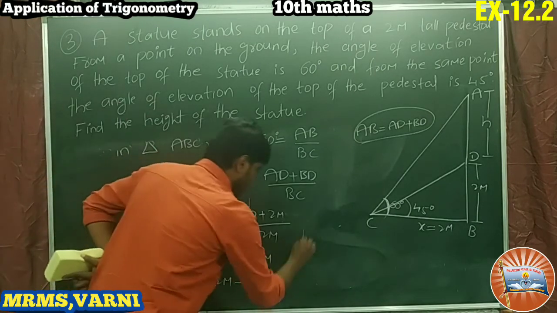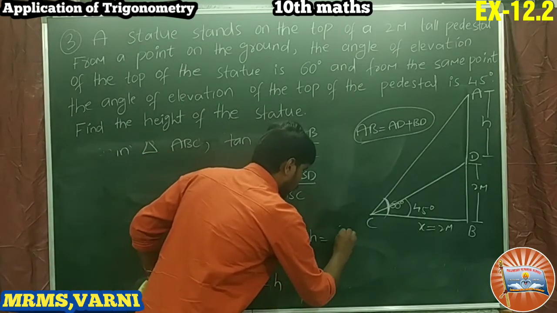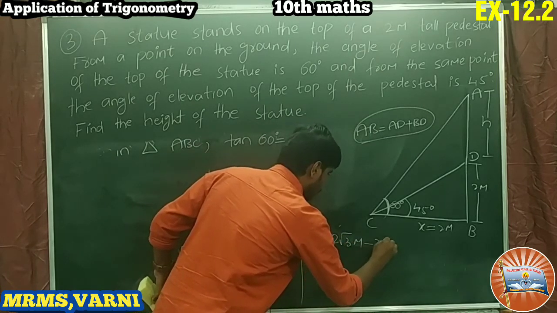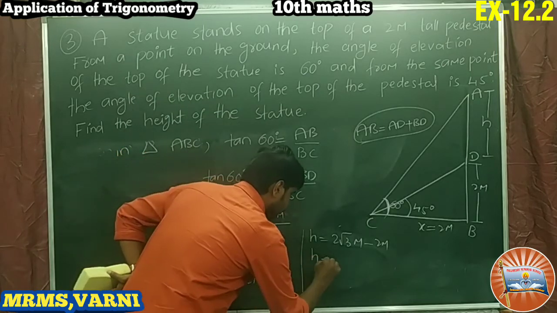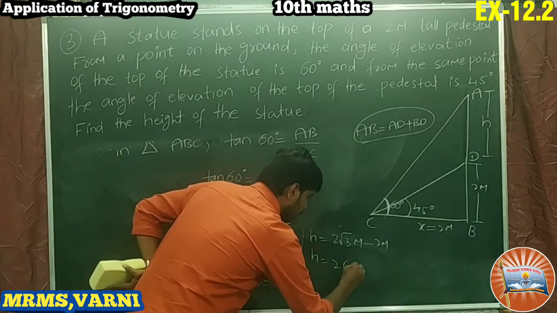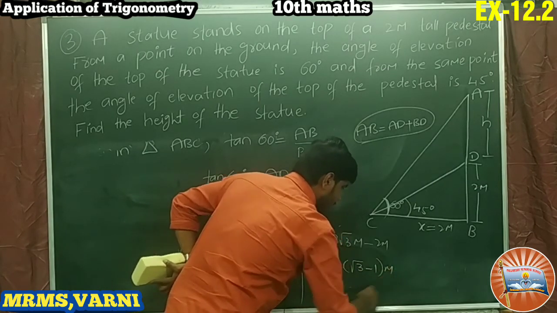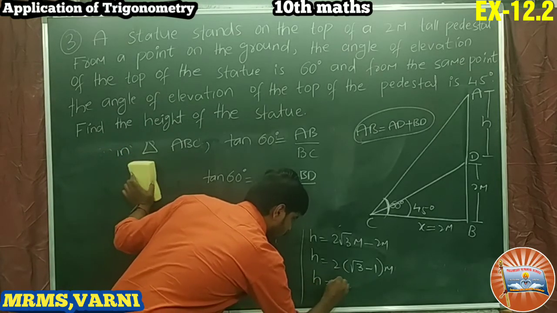So h is equal to 2 root 3 meters minus 2 meters. Take 2 common, this becomes 2 into root 3 minus 1 meters.